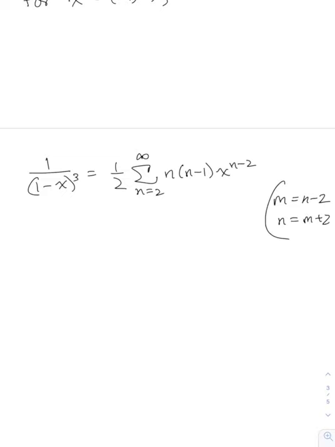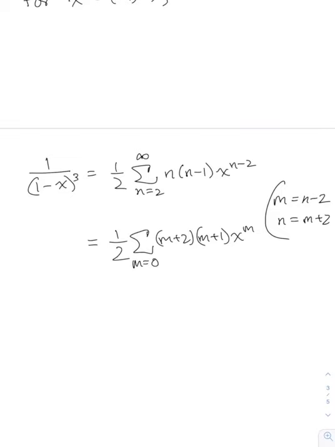I can make that substitution here, and I'll get the following. I have a sum, and then n is m plus 2. n minus 1 is m plus 2 minus 1, so m plus 1. And then I have x to the m. And I have to think about my limits. Well, when n is 2, m becomes 2 minus 2, so I start at m equals 0.